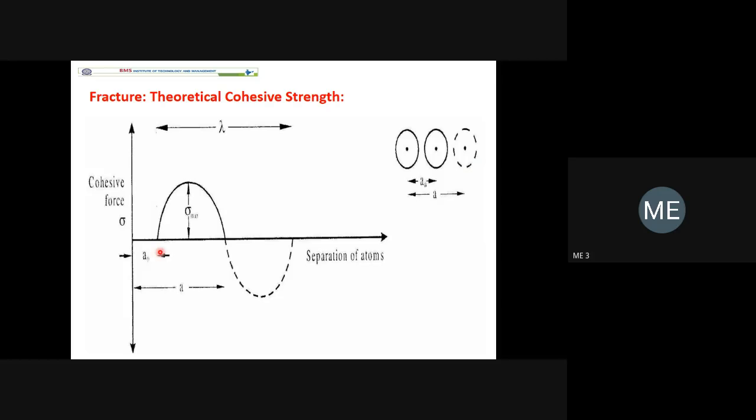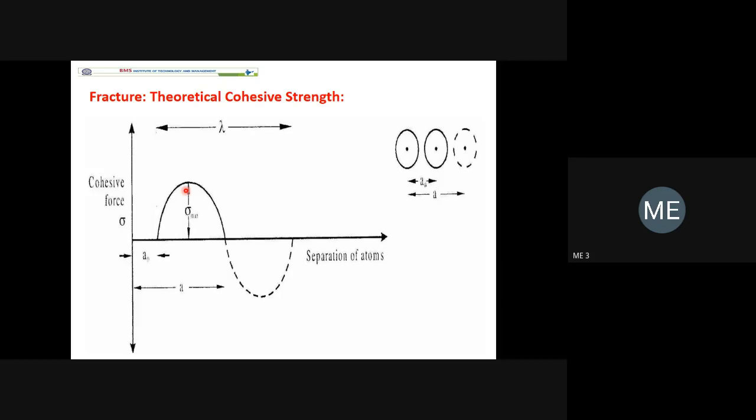Now the equilibrium distance is given, and this is the cohesive force. The cohesive force is nothing but the attractive forces, the bonding forces. When it is at the equilibrium position A naught, the cohesive force is almost zero. Now we have applied the force. If you try to pull in the outward direction, the atoms will try to move in the inward direction.